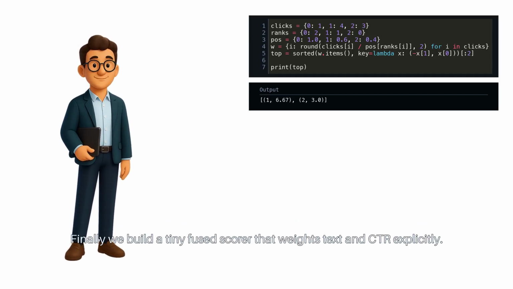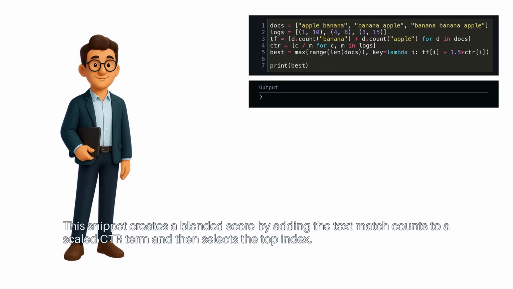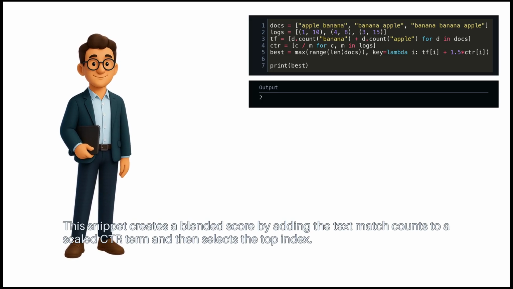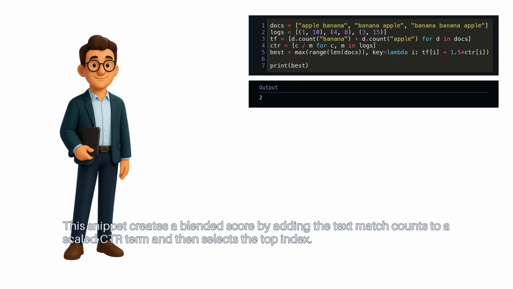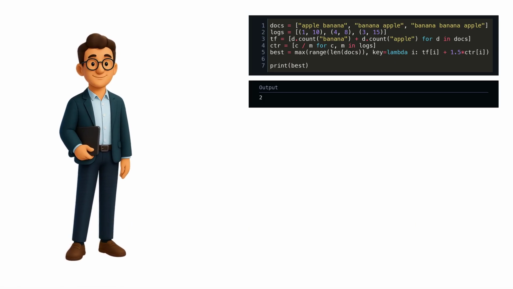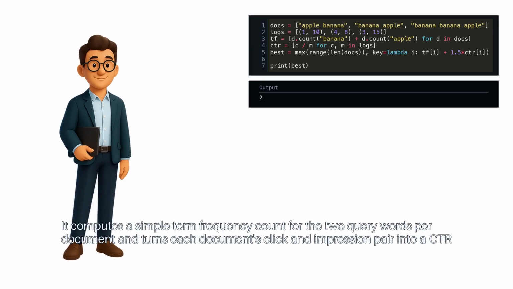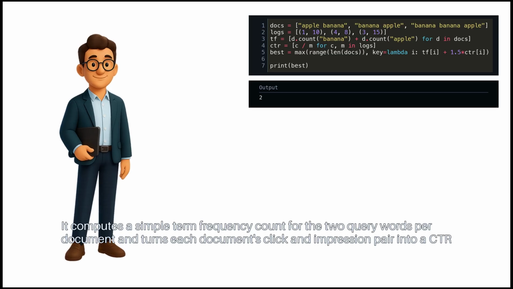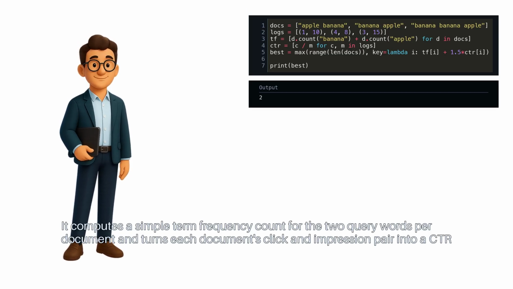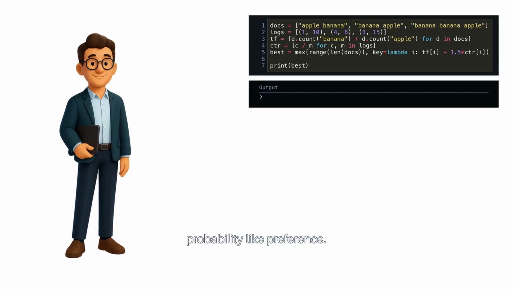Finally, we build a tiny fused scorer that weights text and CTR explicitly. This snippet creates a blended score by adding the text match counts to a scaled CTR term and then selects the top index. It computes a simple term frequency count for the 2 query words per document and turns each document's click and impression pair into a CTR probability-like preference.